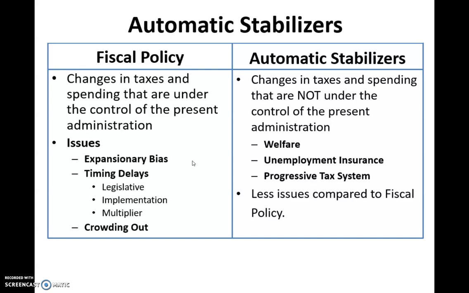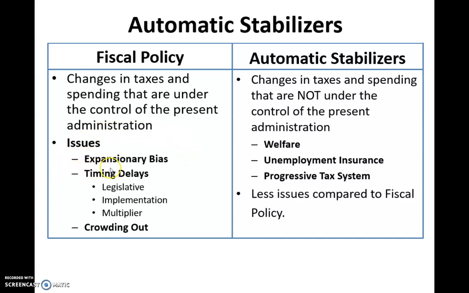Because the things they would do to fix the economy are politically helpful to them. For example, in a recession, they get to raise spending and they get to lower taxes. Both of these are attractive to politicians. They help them get reelected and give them cachet among their constituents.